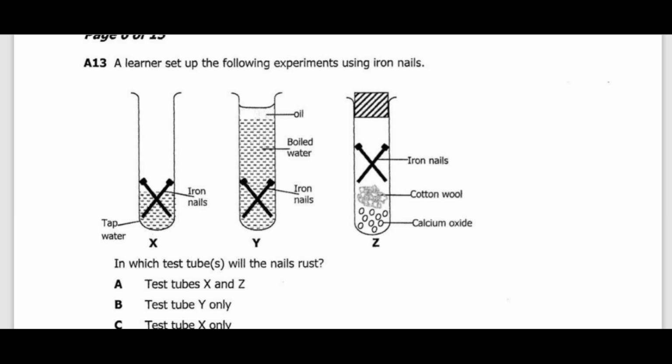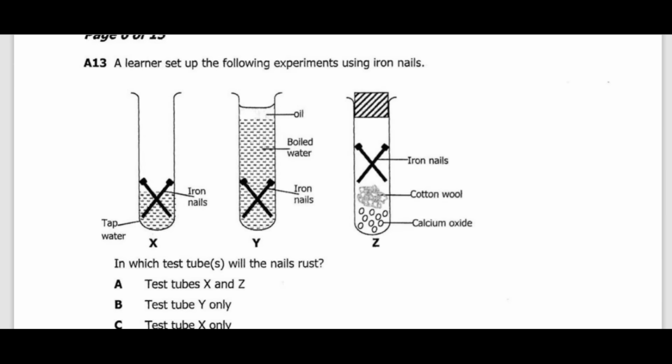Now we move on to question 13. A learner set up the following experiments using iron nails. So here we have tap water with X, then iron nails. Then here we have oil, boiled water, then iron nails.